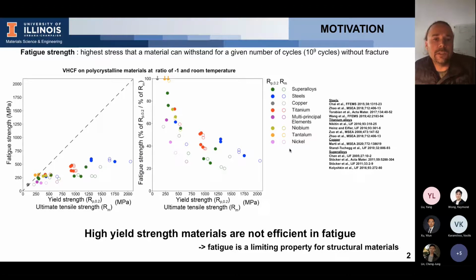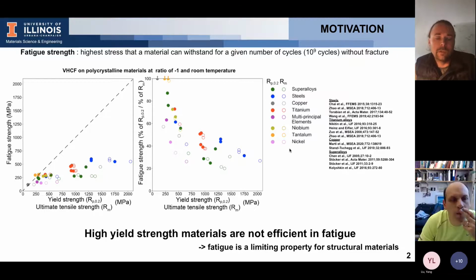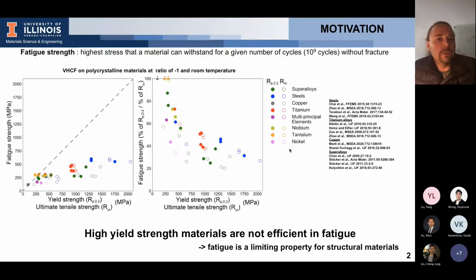But here the fatigue strength is represented as a percentage of the yield strength or UTS. It's what we call the fatigue ratio, and it's a way to represent the efficiency of a material in fatigue.